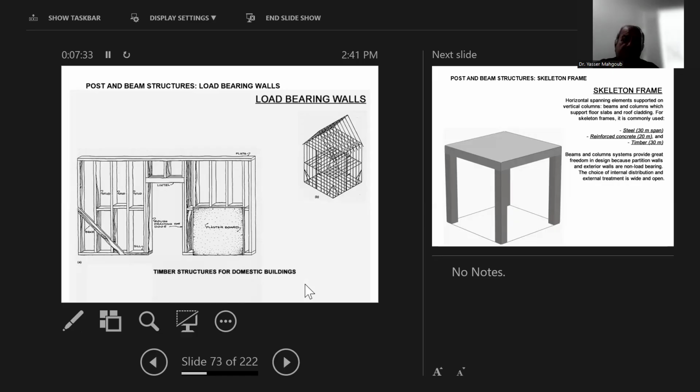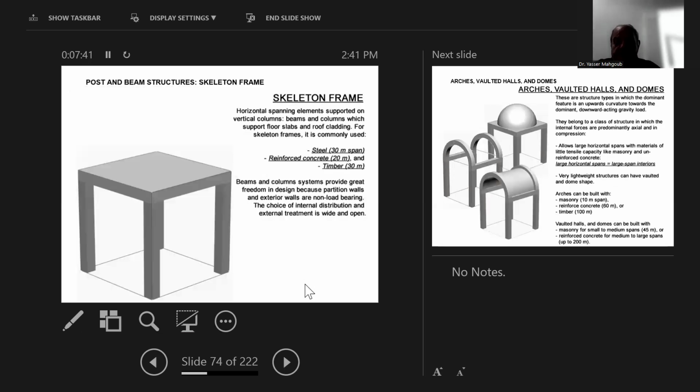Also, in places where they have wood or timber, they can use it as a load bearing. Skeleton transforms the system to elements, columns, and beams and floors. And it can cover larger areas. If it's made of steel, it can cover up to 3 meters span.